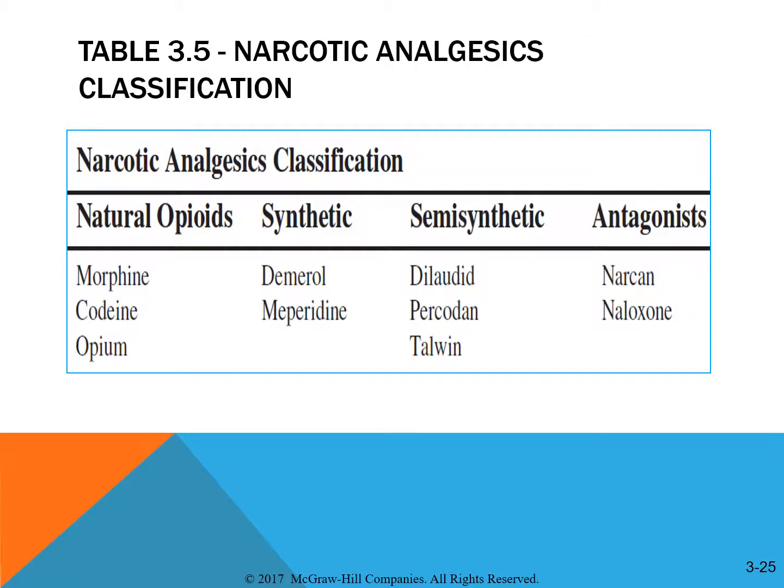Narcotic analgesics: narcotic means to numb out or to be in a stupor, analgesic means to relieve pain without producing unconsciousness. Includes natural opioids, synthetic and semi-synthetic types.